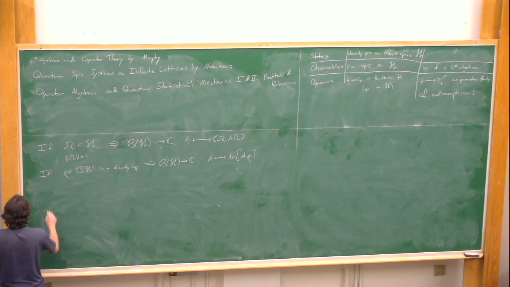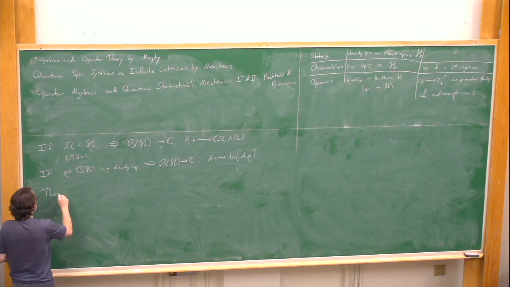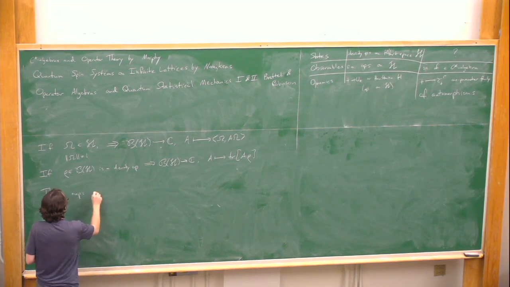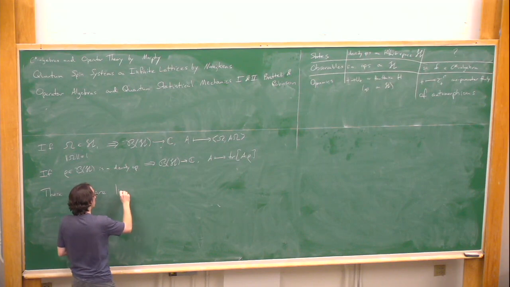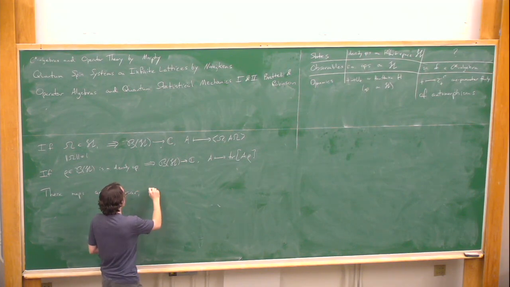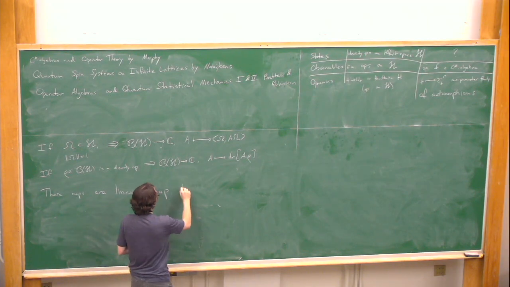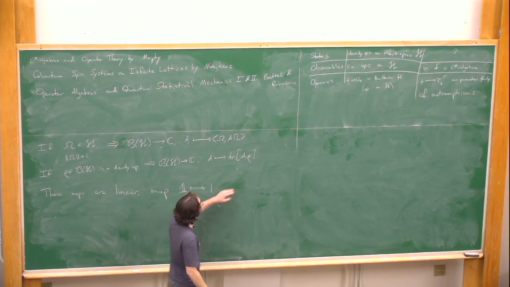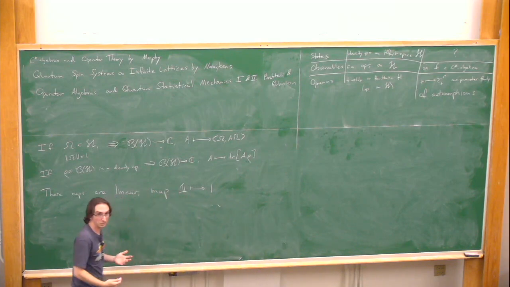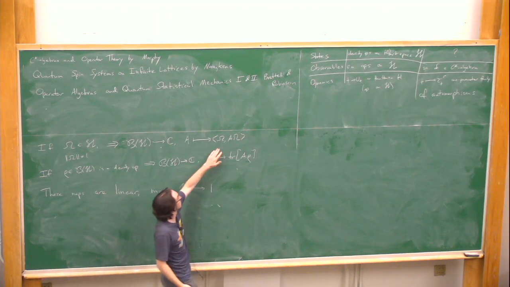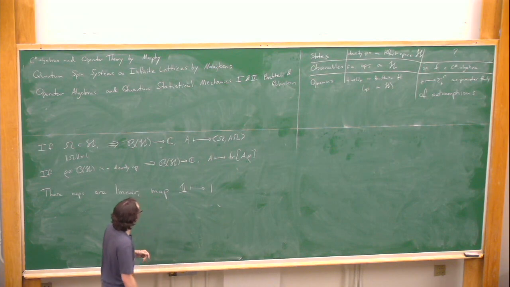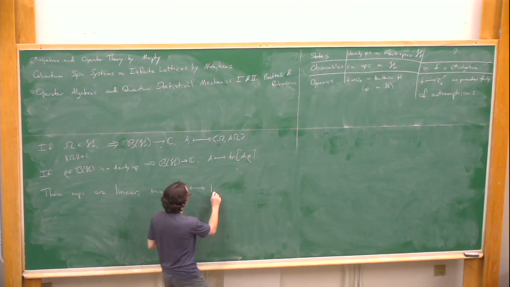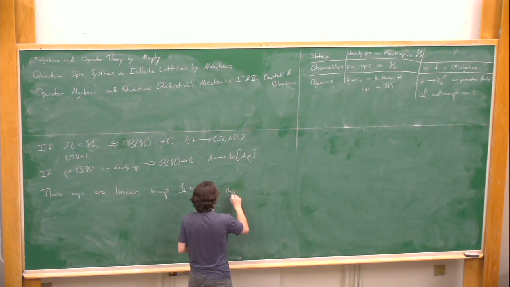These maps are linear. They map the identity to 1, because rho is assumed to be trace 1, and this vector is assumed to be a unit vector. And moreover, they are positive.